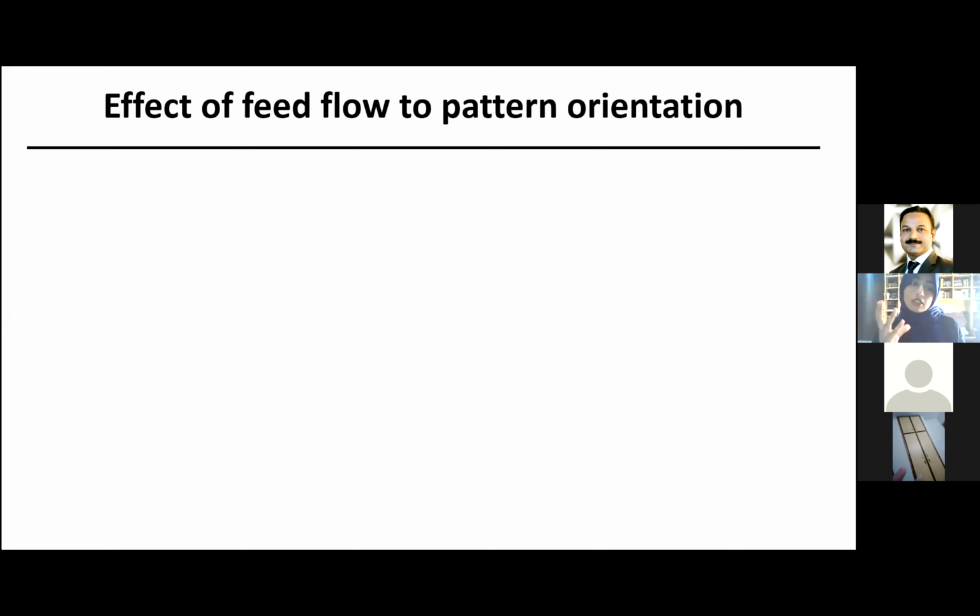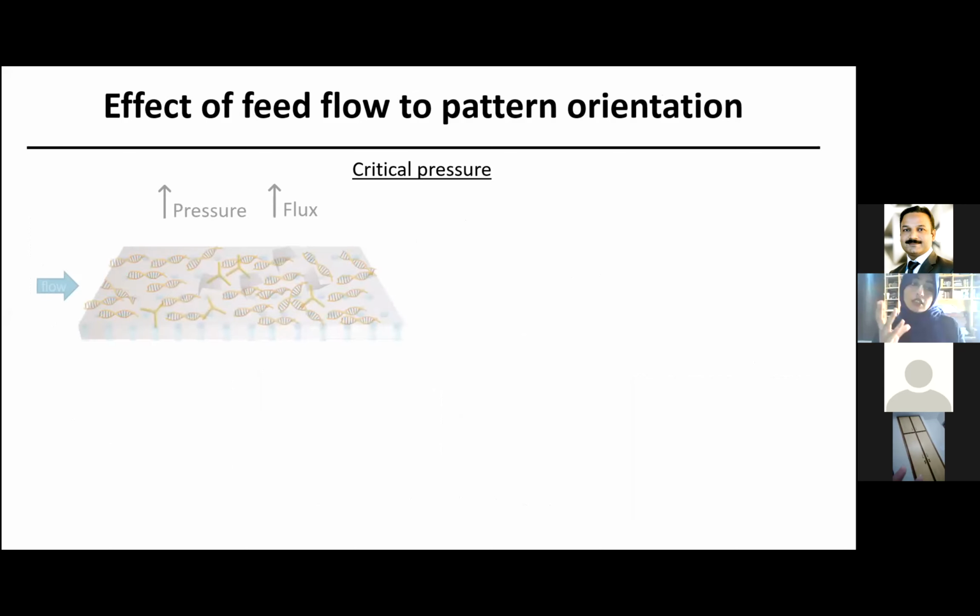First, the critical pressure, which was based on the idea that when you start the filtration, the foulants are deposited on the membrane surface. At that point, increasing the pressure will increase the flux through the membrane.